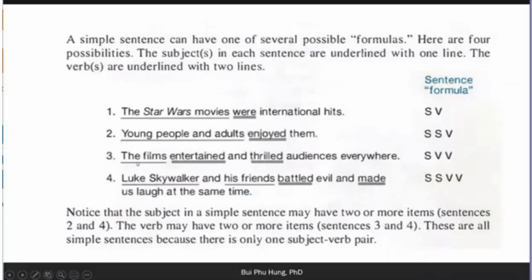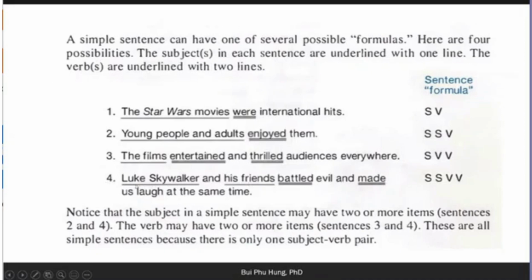Sentence three: one subject, two verbs connected by and, entertained and thrilled. Example 4: two subjects and two verbs.